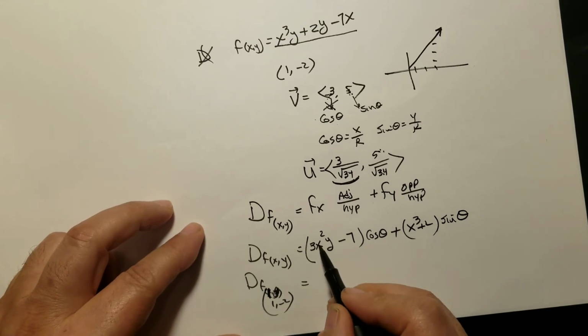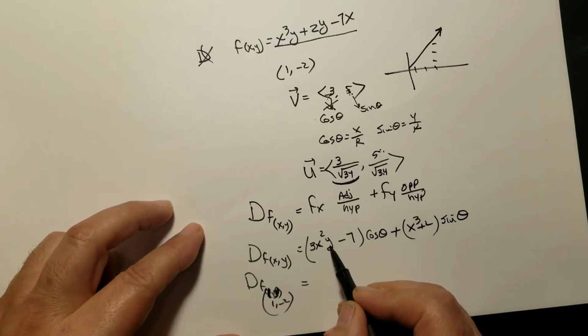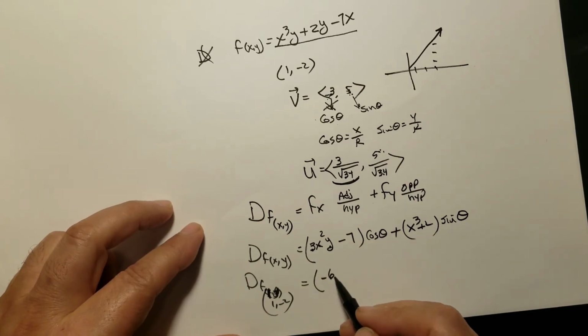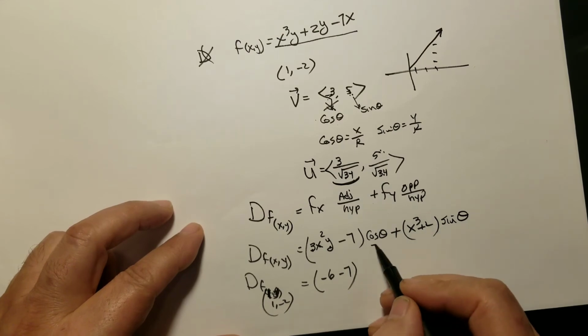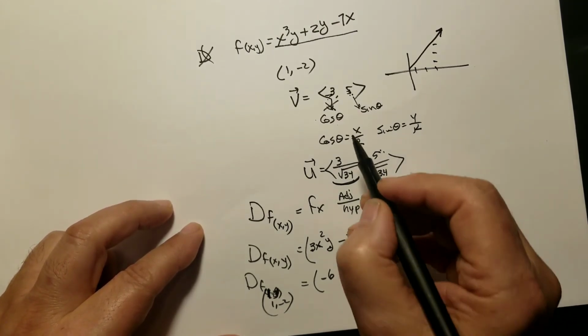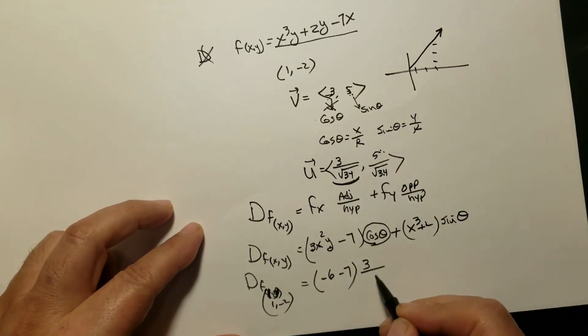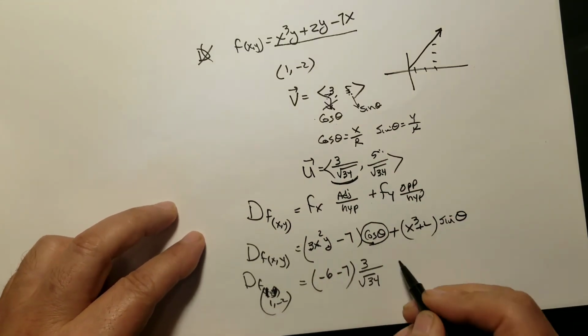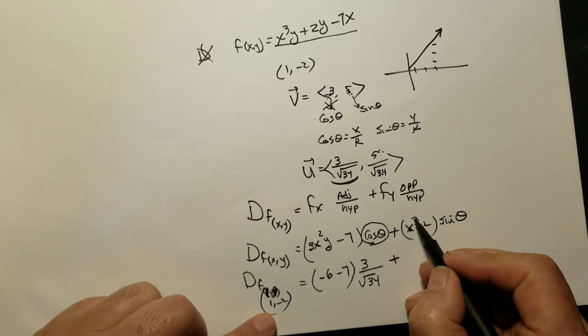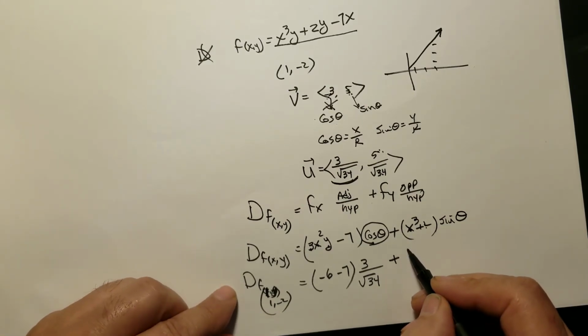Well, what is 1 squared? 1. 1 times negative 2, negative 2. Negative 2 times 3 is negative 6, minus 7. For cosine theta, you have to put adjacent over hypotenuse, or the unit vector, which is 3 over the square root of 34. Plus, when x is 1, 1 cubed is 1, plus 2 is 3.